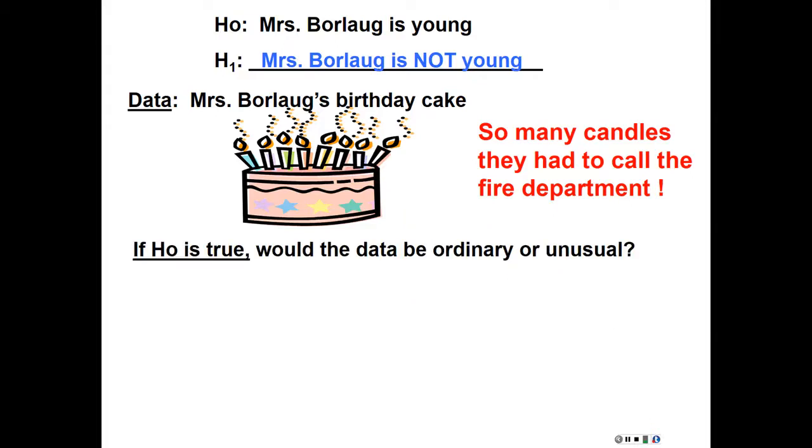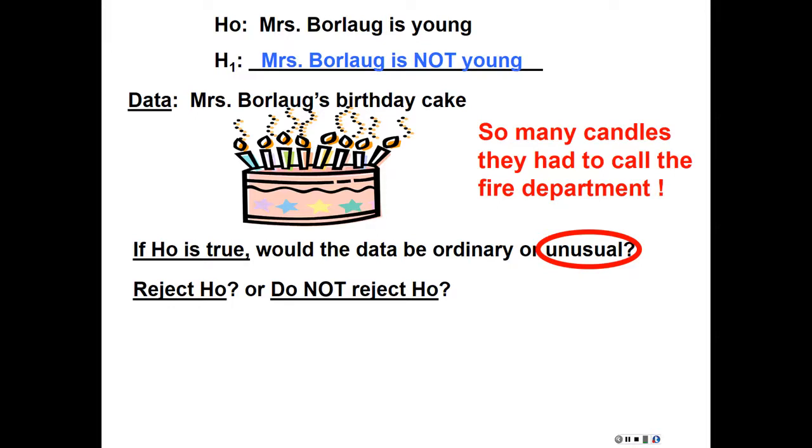So if H0 were true, the data that we're looking at would be very unusual, right? So for that reason, we don't think H0 is true. So we would reject H0 based upon the evidence.